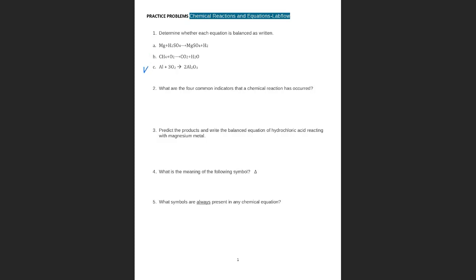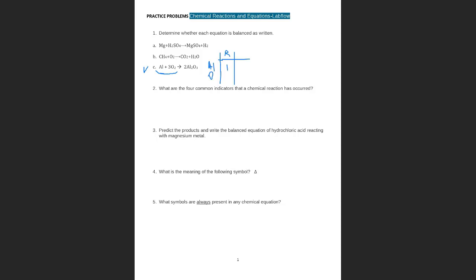Is this equation balanced? Obviously no. Why? What do I have here? I have aluminum and I have oxygen. On the reactant side, how many aluminum? 1.